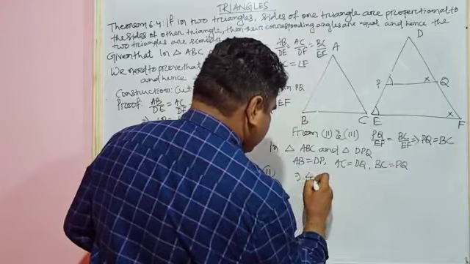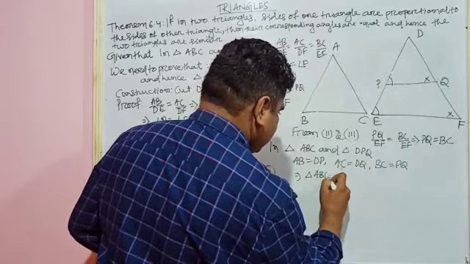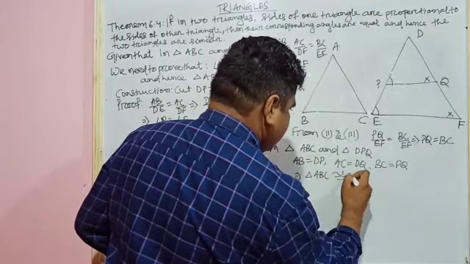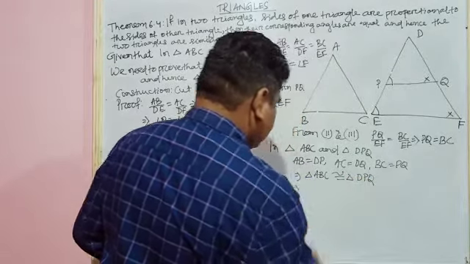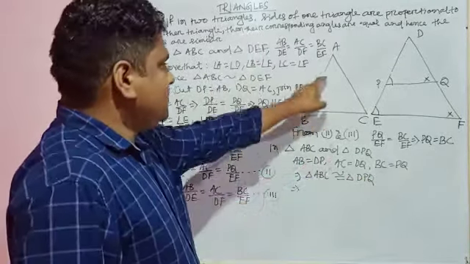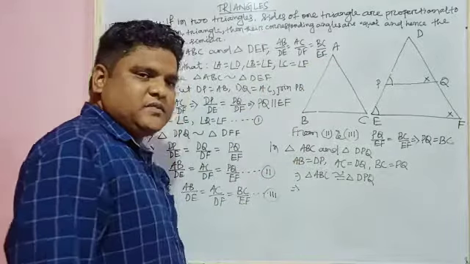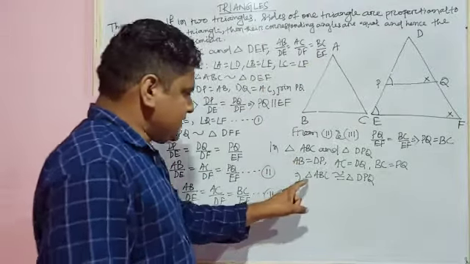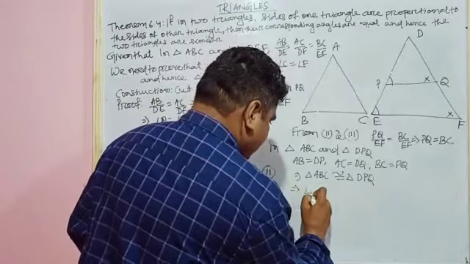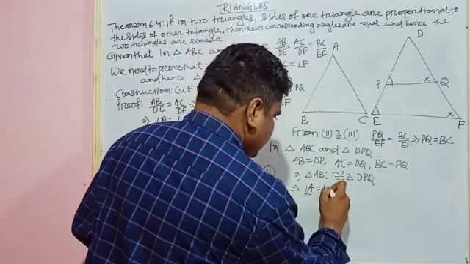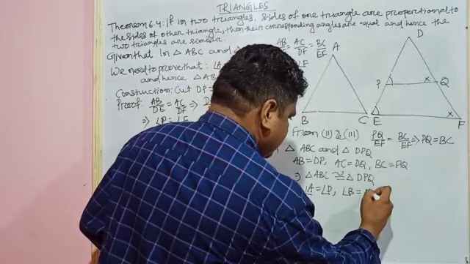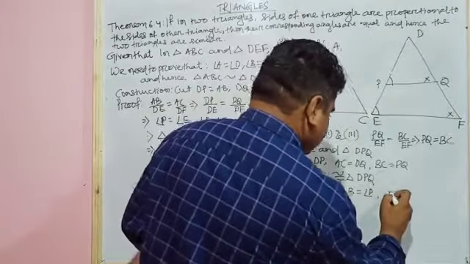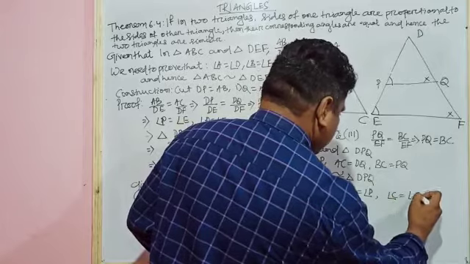So triangle ABC is congruent to triangle DPQ. Triangle ABC and DPQ are congruent, so their corresponding angles are equal. Means angle A equal to angle D, angle B is equal to angle P, and angle C is equal to angle Q.